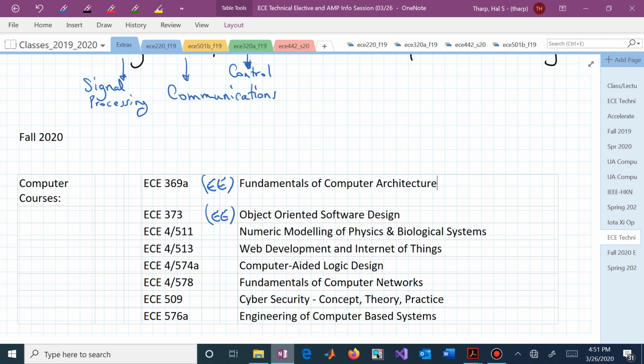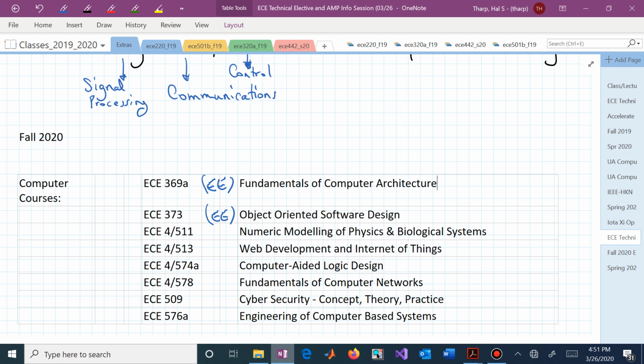This one's not dual numbered, so you would need to be at an appropriate academic level to take 509, but I believe that's having a GPA better than 3.0 to register for ECE 509, which is dealing with the concepts, theory, and practice of cybersecurity.